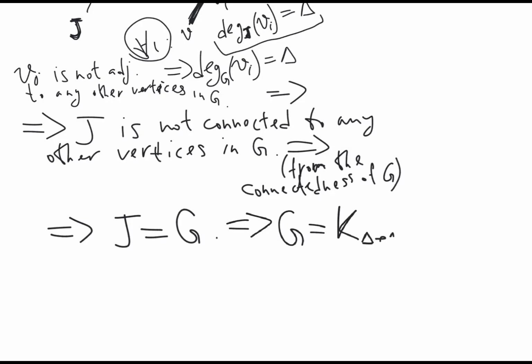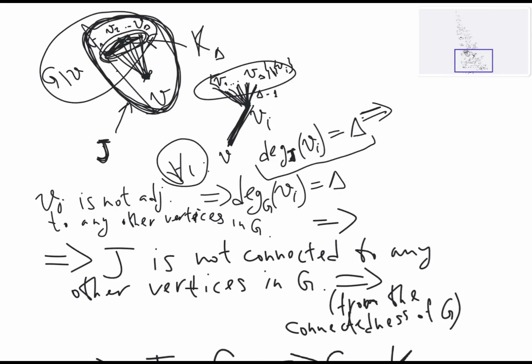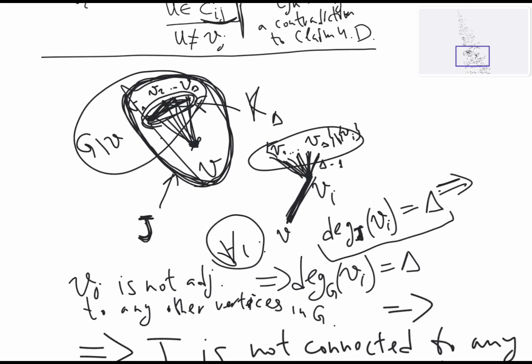If you look here again, we concluded that the subgraph on the vertices V1 through V delta is K delta, and V also is connected to all of them from V1 to V delta. So this subgraph J is K delta plus 1, the complete graph on delta plus 1 vertices.